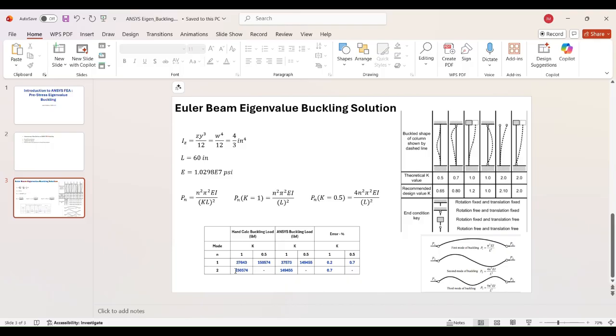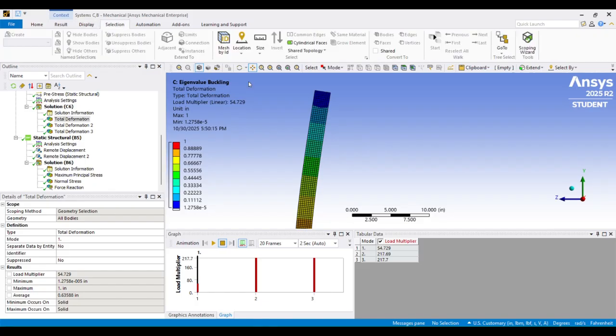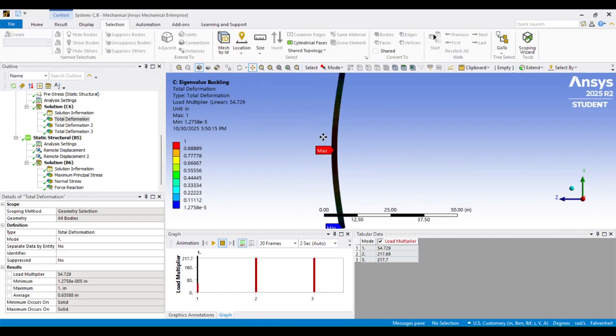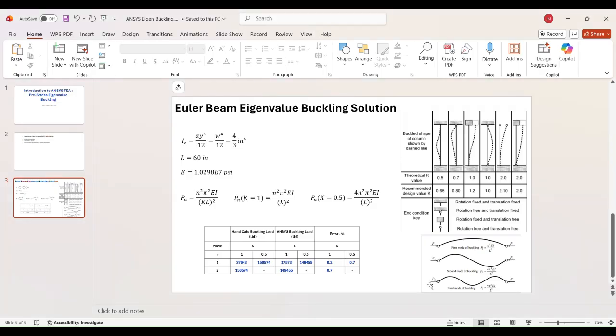And then I've done the same calculation for mode 2. So mode 2 for the fixed rotation, I'll show you what that mode looks like. That actually corresponds to mode 3 in our analysis. And you can see here, it looks like the second mode for this is a pinned constraint.